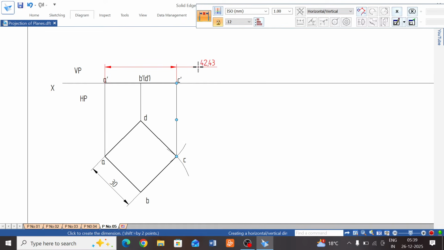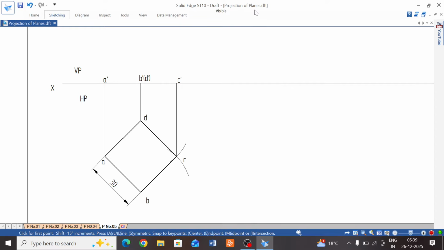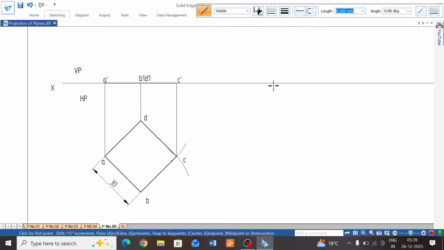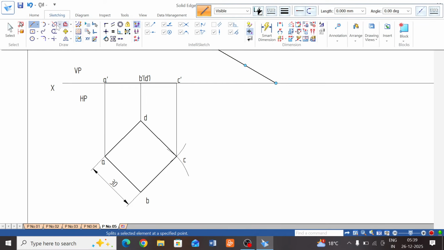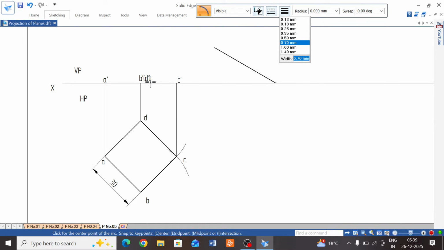Using the protractor from C, the reference is C, draw a length of 42 mm from C dash to A dash, and cut exactly at the midpoint, which is B dash and D dash.